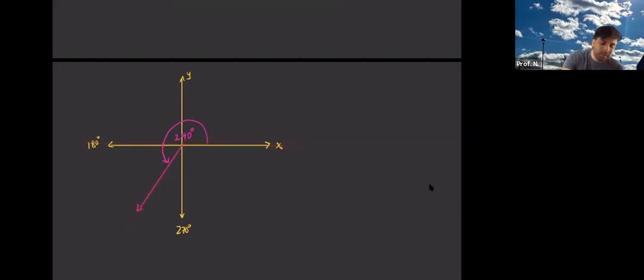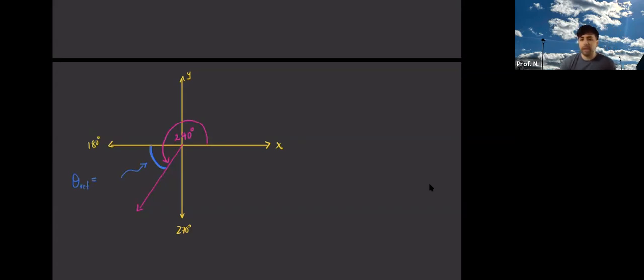So what I'm considering is this angle here. This is my reference angle. If the terminal side goes around 240 degrees, and I want to find this missing angle between the terminal side and the x-axis, how do I get the reference angle?